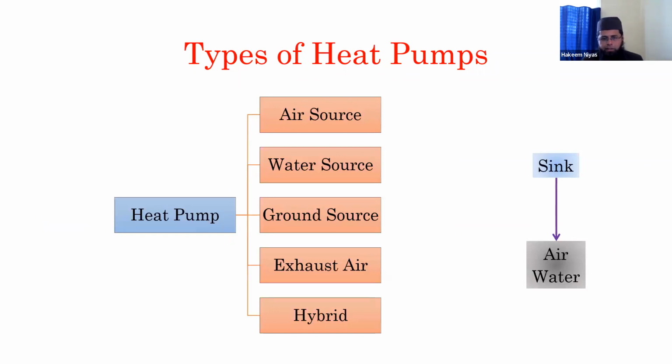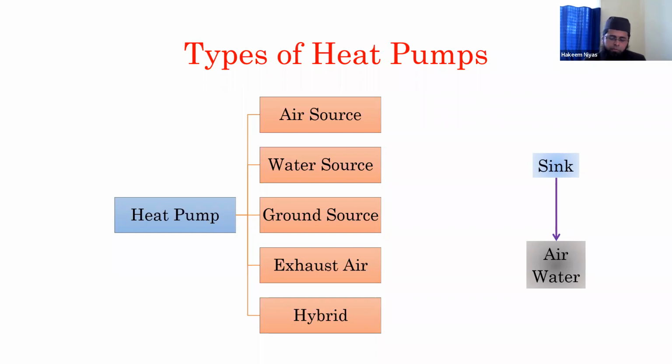Similarly, heat pumps are categorized as source and sink heat pumps. The source can be any hot reservoir, that can be air, water, ground source, or exhaust air. For example, if you take an IC engine, the exhaust air is used for a heat pump.